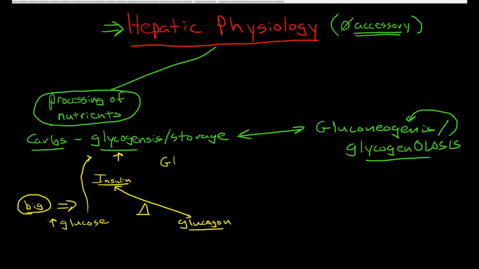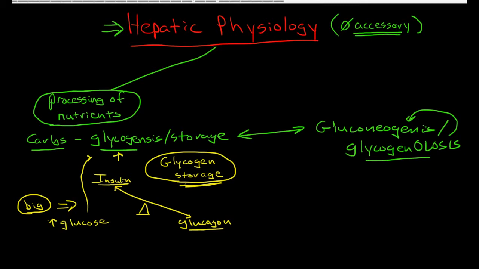Now, glycogen is perfectly suited for storage because it's insoluble. So it's an insoluble form of a simple carbohydrate, and so it is stored in the liver.